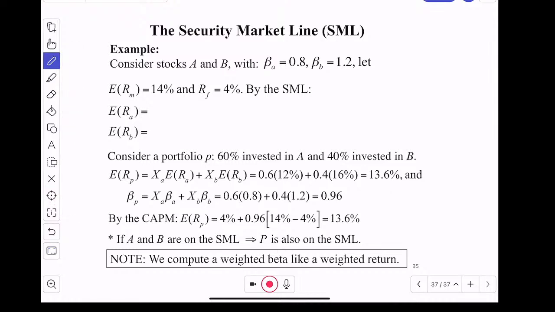So I can do this with percentages or decimals, and I am going to, above the risk-free rate, add 0.8 times the market risk premium. For every unit of the market risk premium. Now the market risk premium is 10%. I'm just going to put in the percentages.